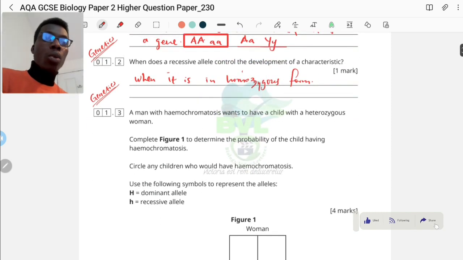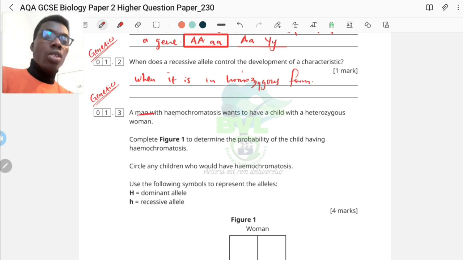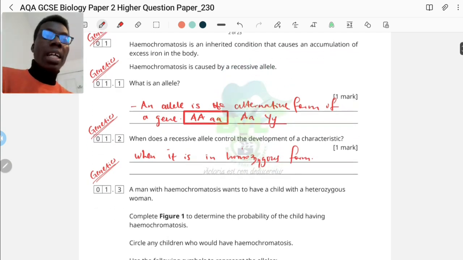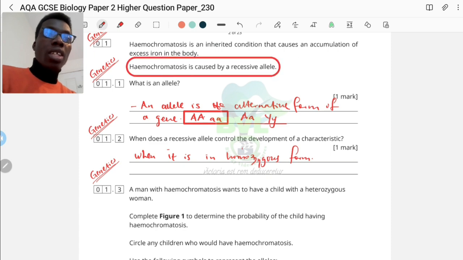Now, a woman with hemochromatosis wants to have a child with a heterozygous man. Okay, one second. The reason why I did that is that I came back here to check something. It says it's caused by a recessive allele.